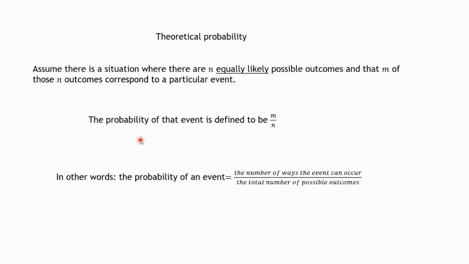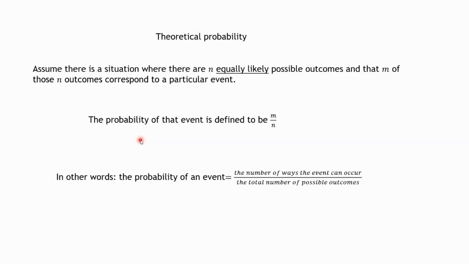The formal definition will come up shortly, but this is basically the idea. If you have equally likely outcomes, meaning any outcome can occur just as likely as another one, like with rolling a six-sided die. What does it mean to say it's fair?